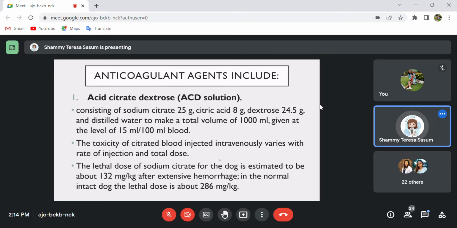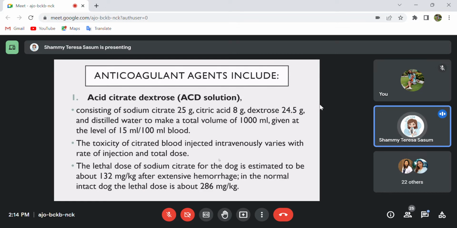Anticoagulant agents include, first, acid citrate dextrose, ACD solution. It consists of 25 grams of sodium citrate, 8 grams of citric acid, and 24.5 grams of dextrose, and distilled water to make a total volume of 1000 ml. It is given at a level of 15 milliliters per 100 ml of blood.